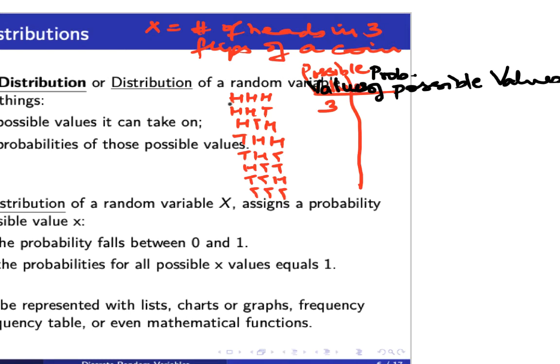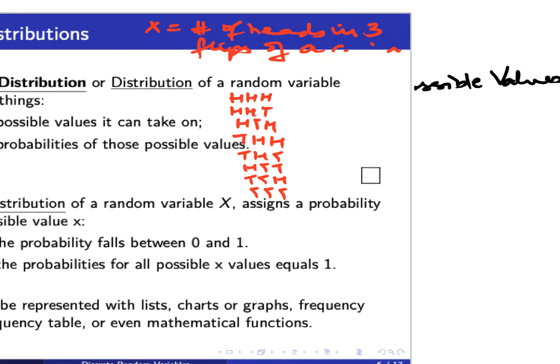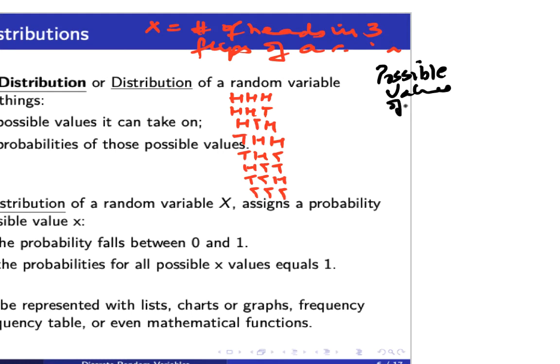Oops, it's a little messier, so let me clean it up, guys. I'm going to take a little extra space over here and show you. So let's write this one. So here are the possible values of x. Now remember, we said it's a random variable. That means a random variable will have some possible values.